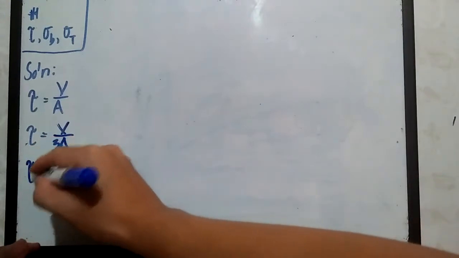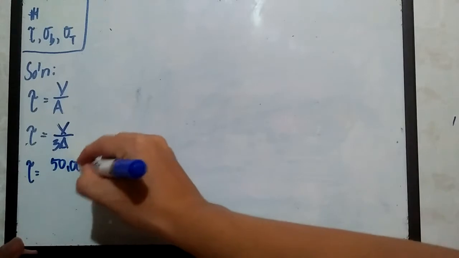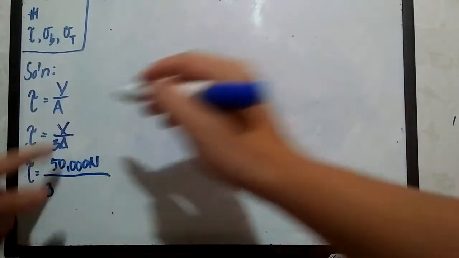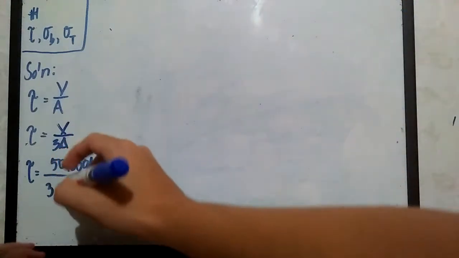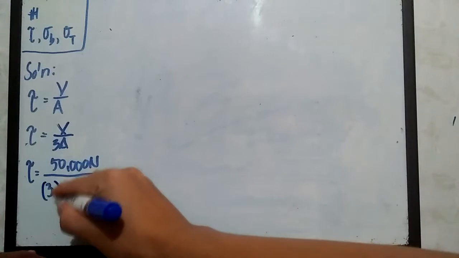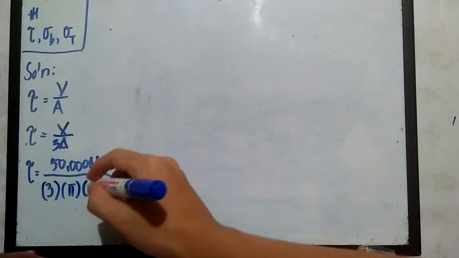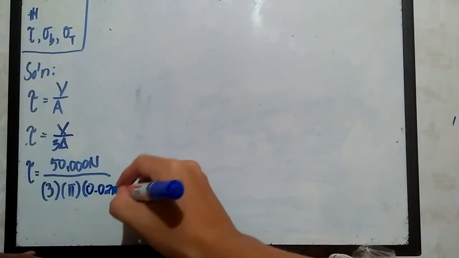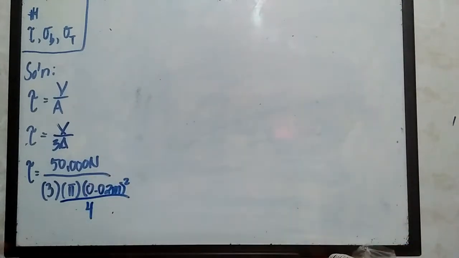So tau is equal to 50,000 newtons divided by 3 times the area of the rivet. We have a given diameter, so that should be pi times the diameter converted into meters, 0.02 meters squared, divided by 4.